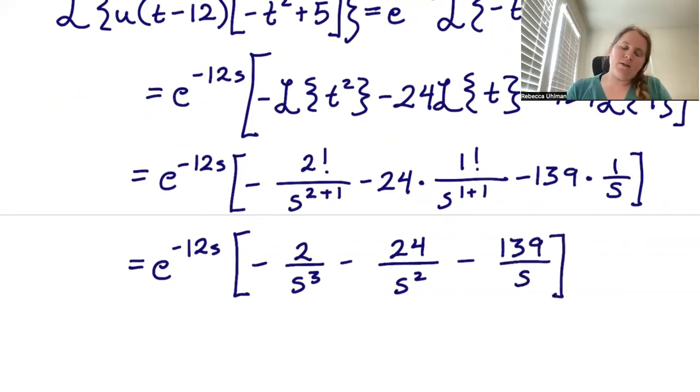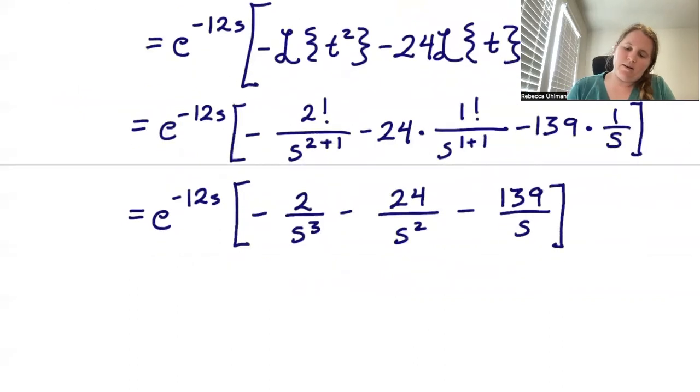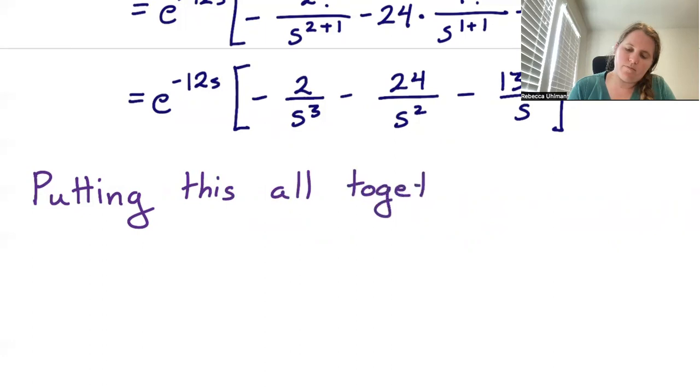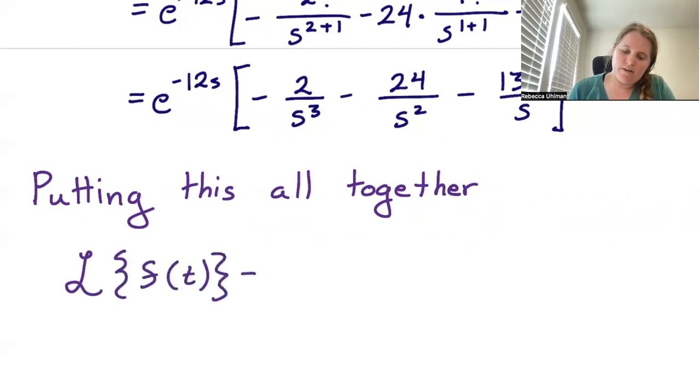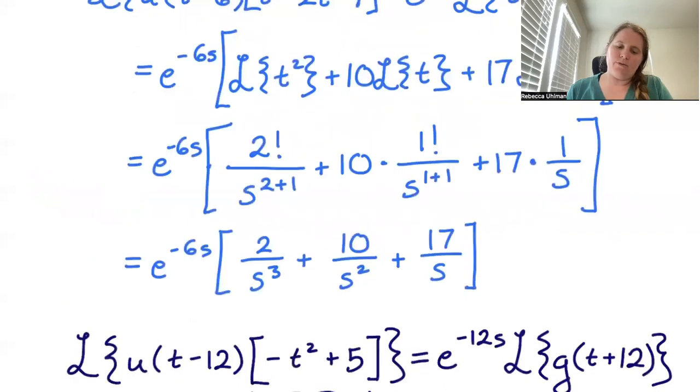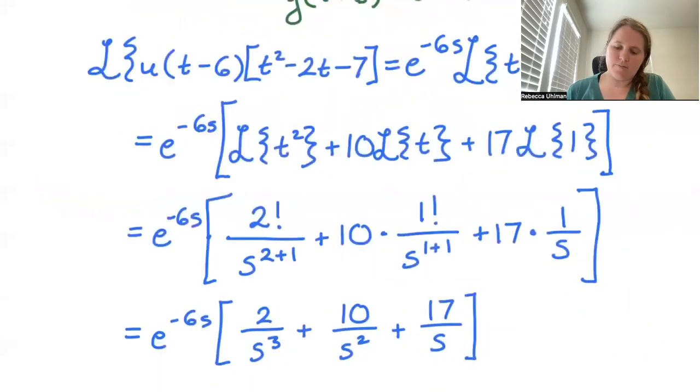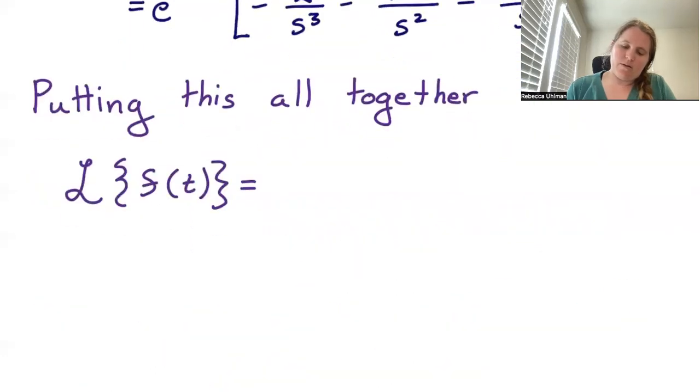So putting this all together, we have the Laplace transform of f of t is equal to, our first piece was 2 over s squared plus 5 over s.